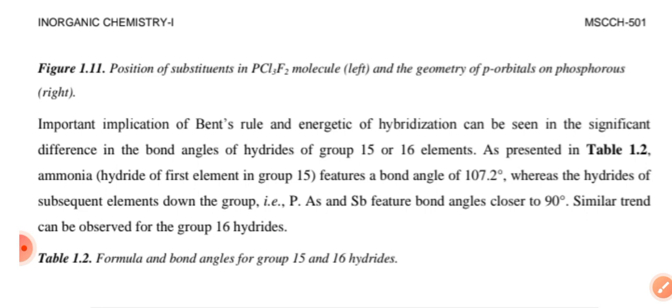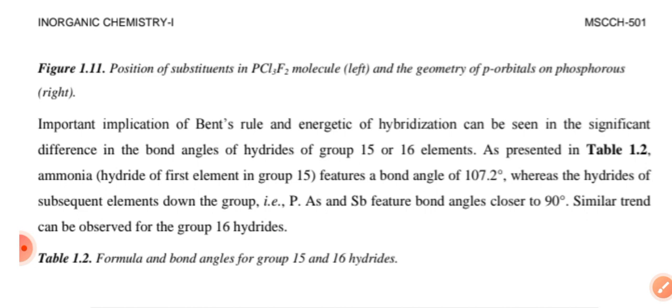An important implication of Bent's rule and energetics of hybridization can be seen in the significant difference in the bond angles of hydrides of group 15 or 16 elements as presented in Table 1.2.